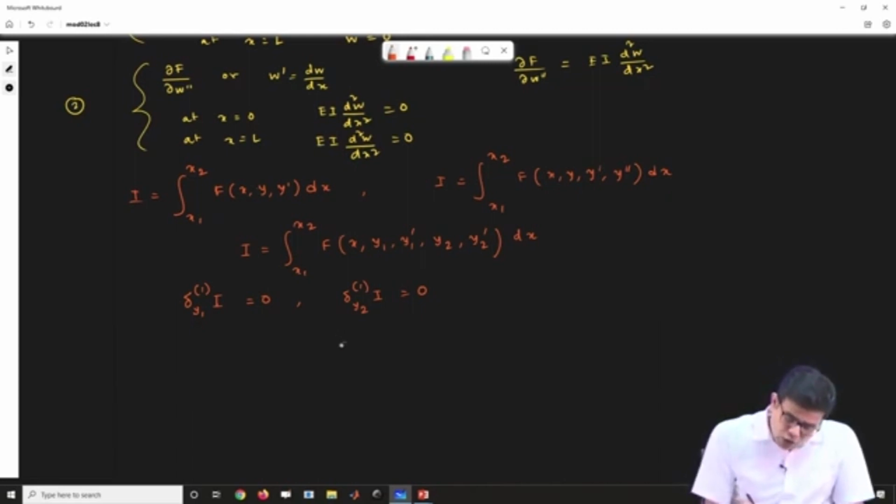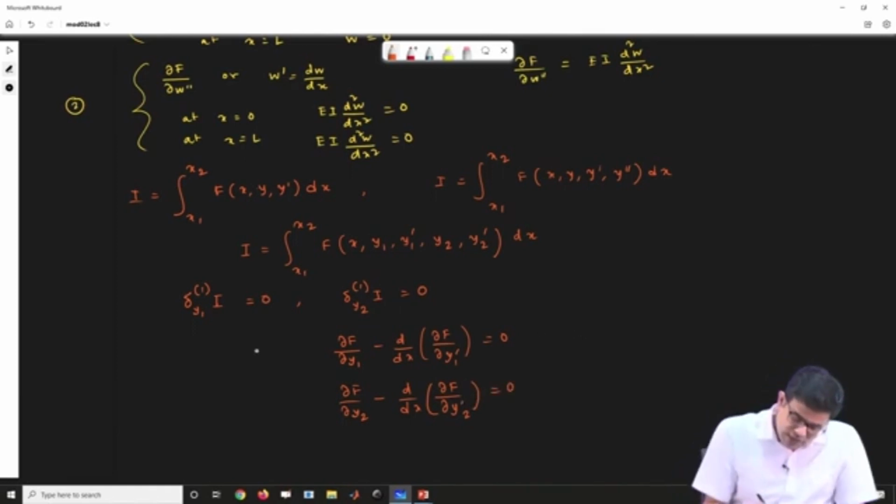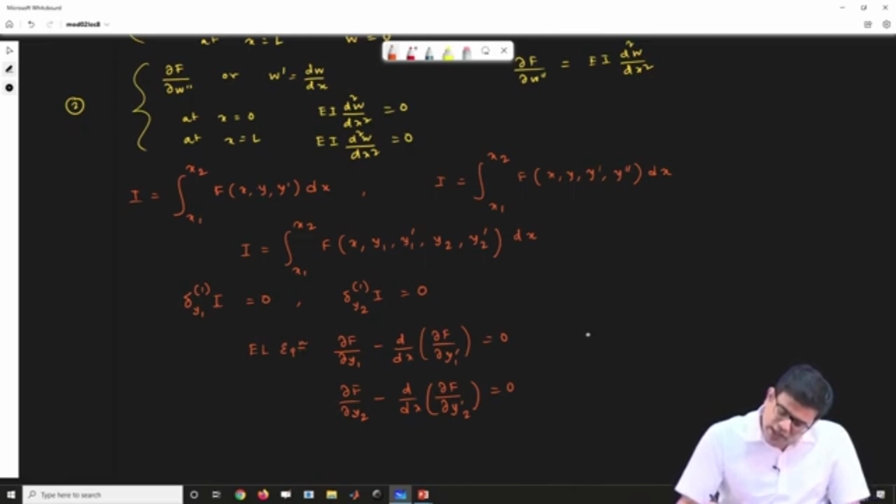Those are: dou f by dou y1 minus d dx of dou f by dou y1 prime equals 0, and dou f by dou y2 minus d dx of dou f by dou y2 prime has to be 0. So, this is the Euler-Lagrange equation, and boundary conditions are similarly specified.